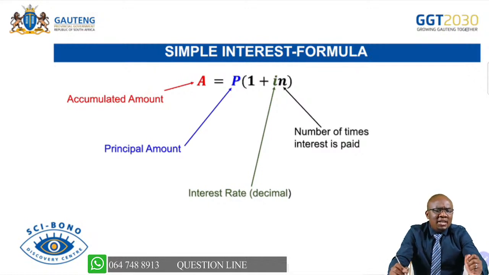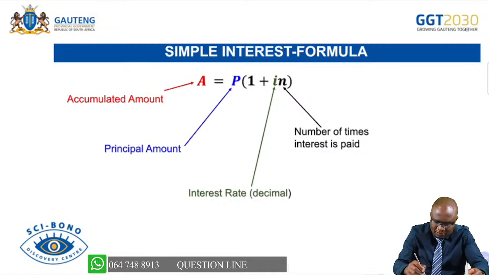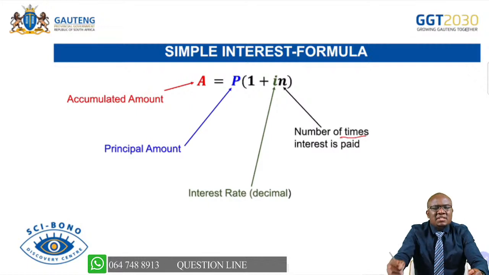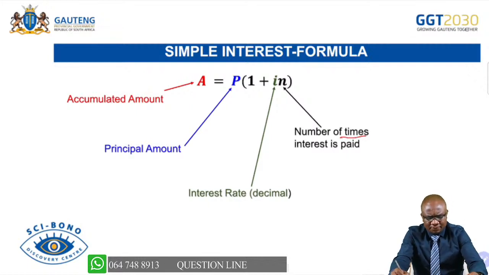If I say 9% per annum compounded annually, it means every year I'm getting 9%. But if I say compounded monthly, how many times will that be in a year? It will be 12 times. So be careful. N is not the number of years. It is the number of times interest is paid. Please take note of that.